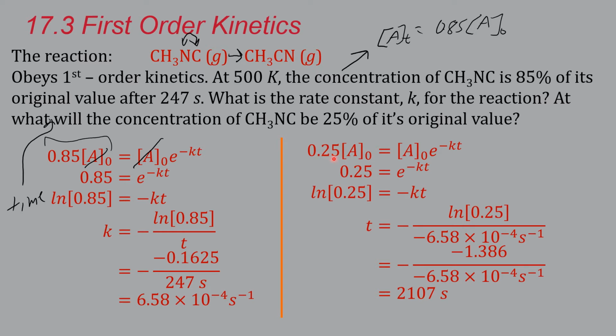And again, same setup, 25%. So know that A of t is just equal to 0.25 times A0. It's almost the exact same algebra, except in this case we are solving for t and not k. And that gives us, in the end, about 2100 seconds, or 2107 seconds. And again, make sure you are familiar enough with your calculator and the exponential and the natural log operators to be able to replicate these answers.